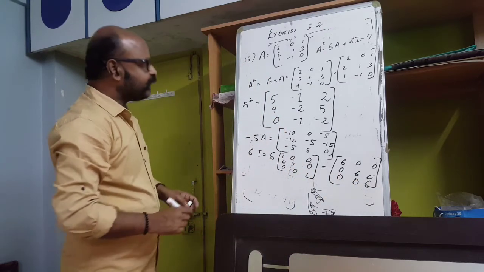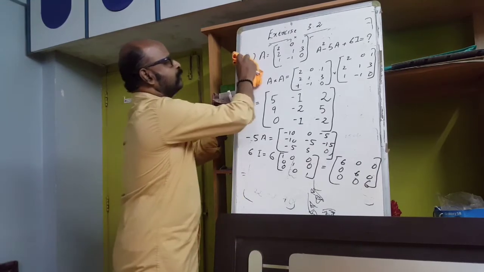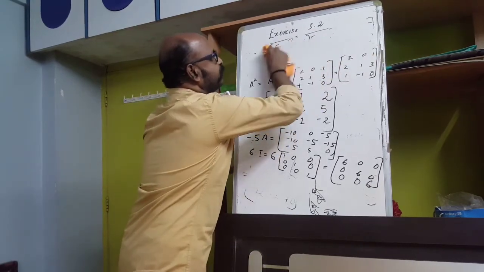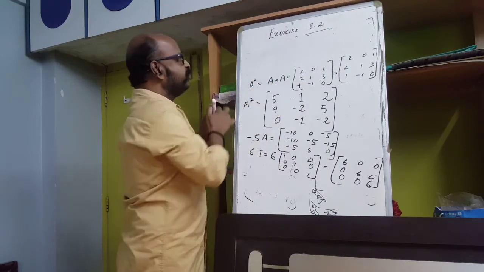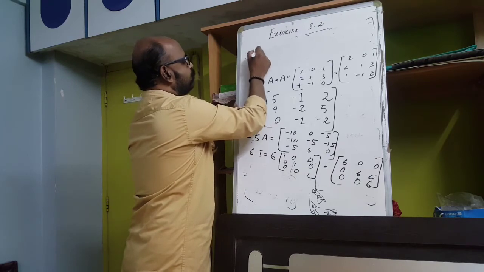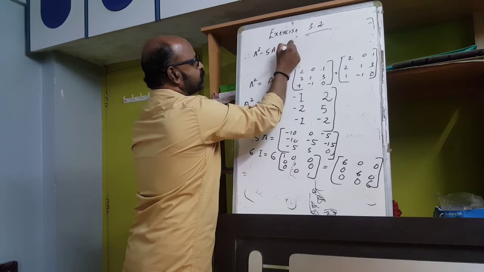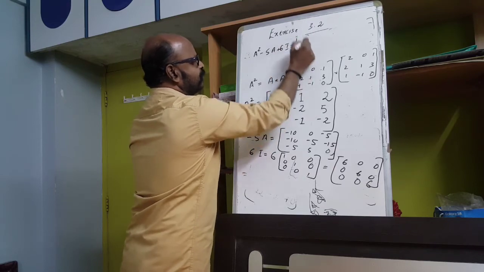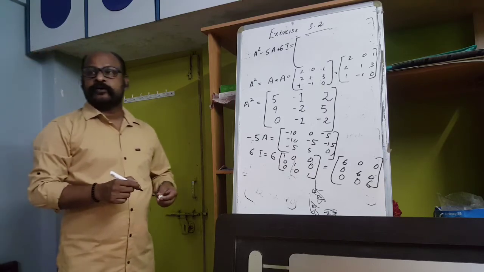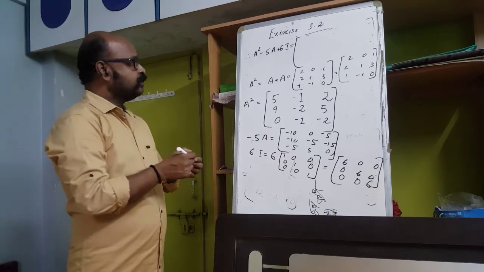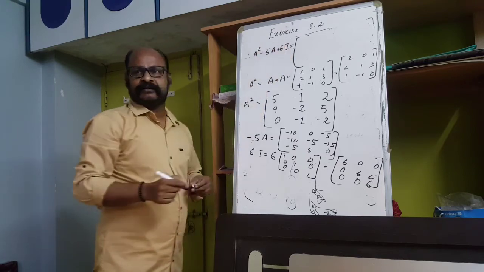Okay? And thereafter, we have to obtain the requirement. So what we need? Therefore, a square minus 5a plus 6i. So actually we know it is the addition, or the operation, of three matrices. First is a square, adding with minus 5a, adding with 6i.